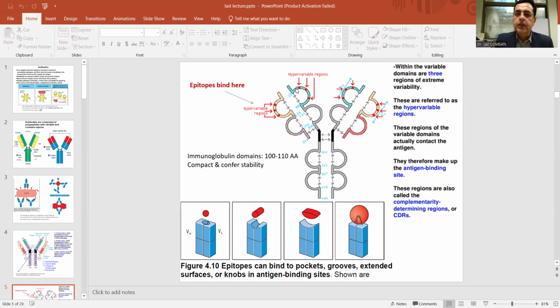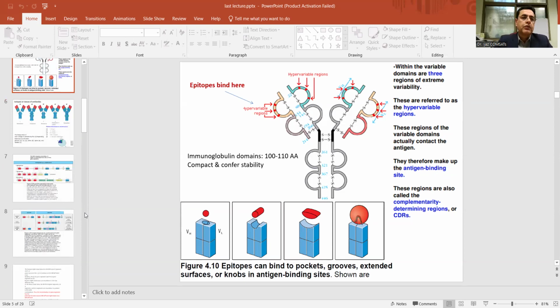We are talking about antibodies here. You can see the disulfide linkages here, and the number of amino acids of different domains has also been given here. This is self-explanatory. I don't have to go into the detail of it.